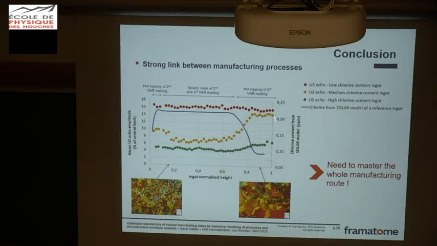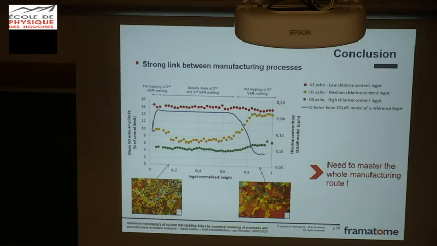On the top of ingots, we have less chlorine, so we have this kind of microstructure that is more difficult to recrystallize, and that can cause, at the end, more cracks during cold rolling. On the bottom of the ingot, we have this kind of microstructure, which is easier to recrystallize, and we would like to have this more often, in fact.